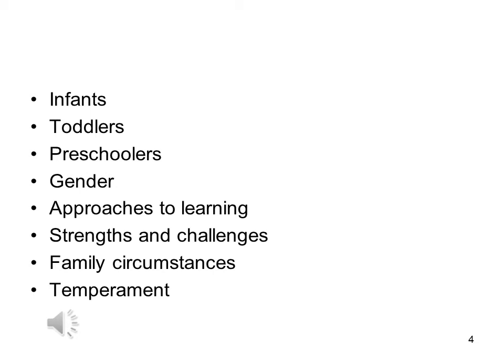Some of those include things like interest and joy in learning, the engagement or ability to focus, being able to be flexible in problem solving, tolerance for frustration. And so all of those characteristics will really help to determine what a child's approach to learning is.